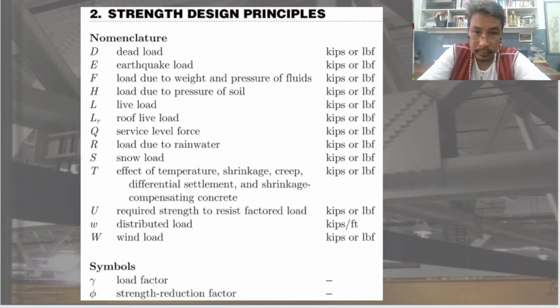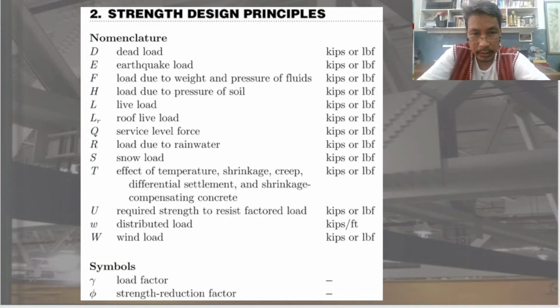Take note, H we're going to use to represent pressure of soil. So there are two types here, fluids and solid. Fluids are gas and liquids, so letter F. And for soil, which is solid, we'll use H.